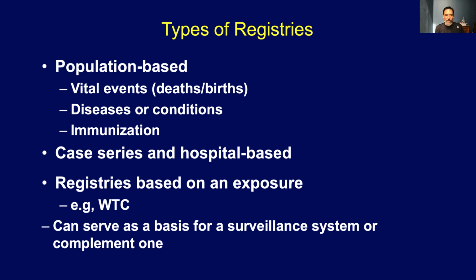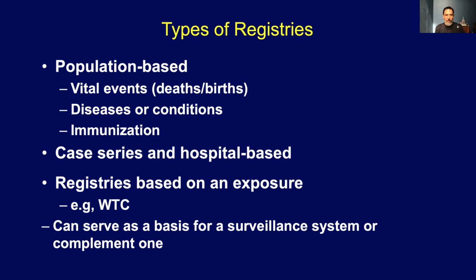Also, there are registries for people who receive immunizations. So the city keeps a record of all childhood immunizations, and it's called an immunization registry. There can also be case series and hospital-based registries for specific diseases and health outcomes. And there can be registries that are mainly based on an exposure.